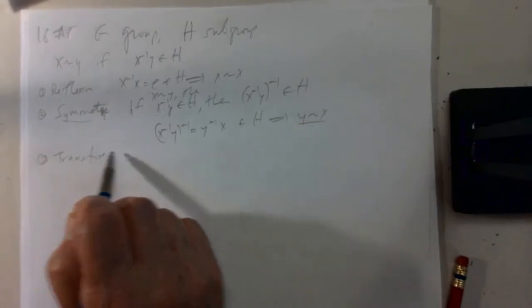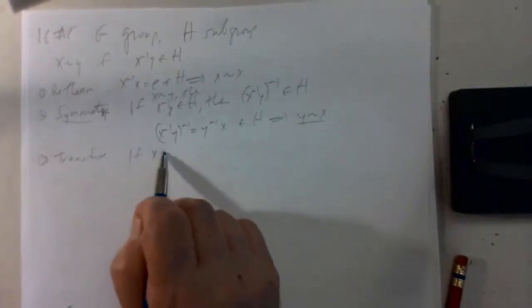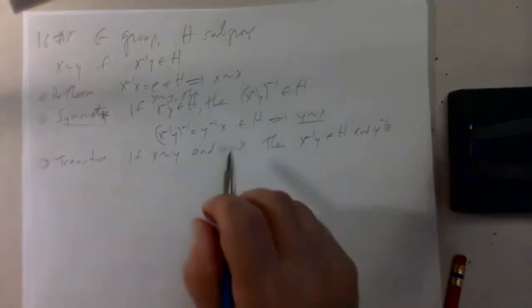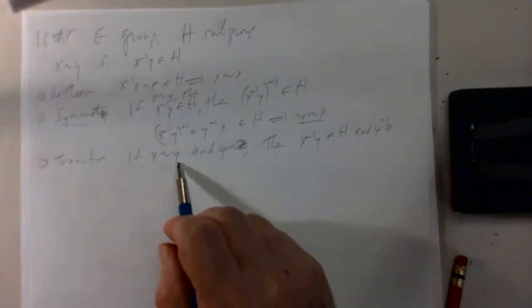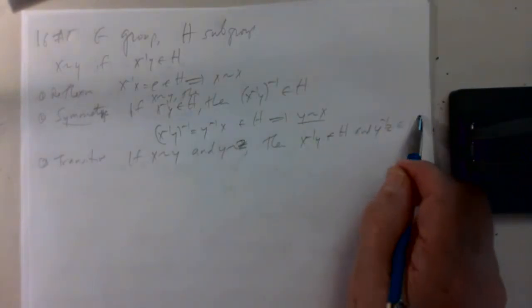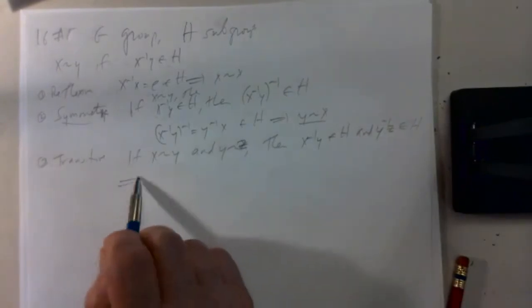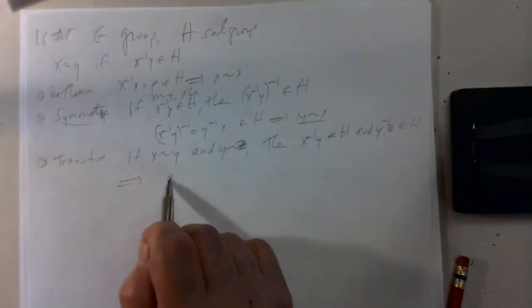And for transitivity, if X is related to Y and Y is related to Z, then X inverse Y is in H and Y inverse Z is in H. H is a subgroup, so it's closed under multiplication.